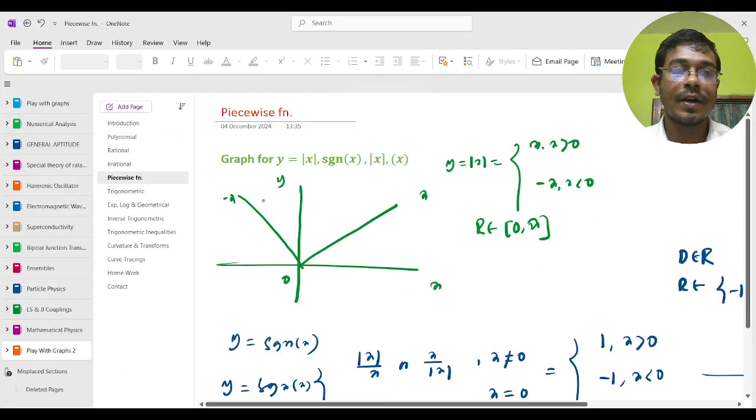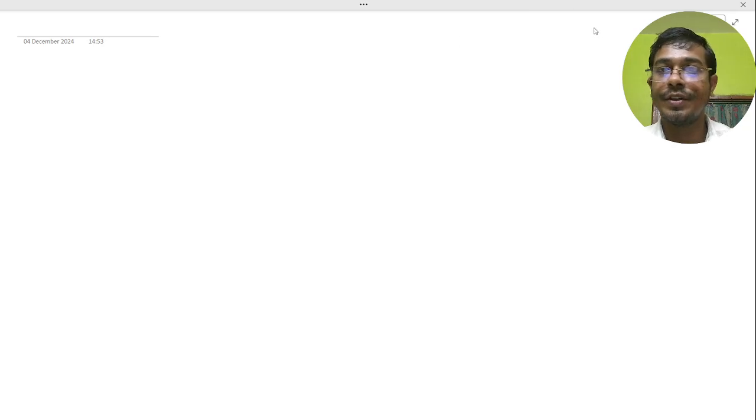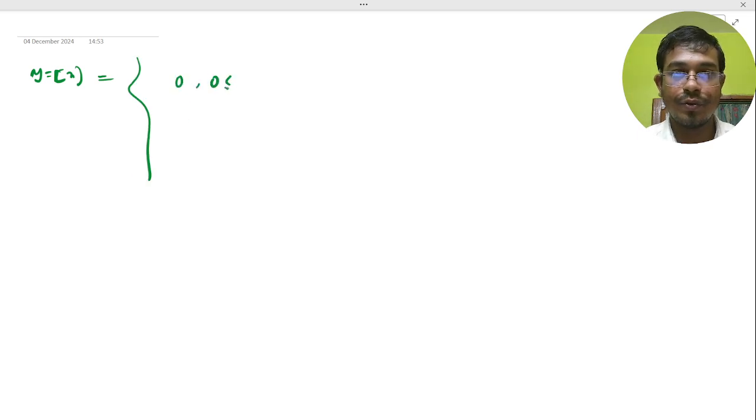So basically our third one is the greatest integer function or stepwise function or floor of x, basically defined as y equal to box x, and so box x is defined as 0 less than or equal to x less than 1, 1 less than or equal to x less than 2, 2 less than or equal to x less than 3.